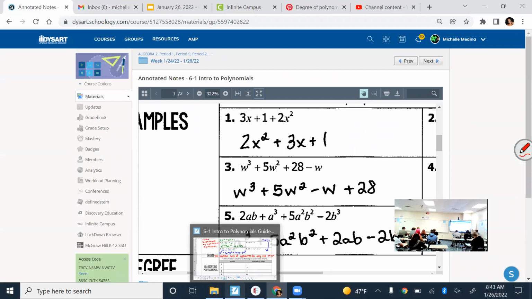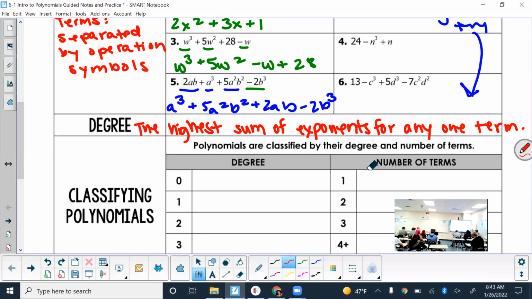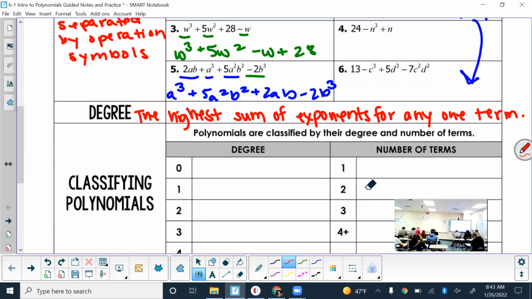So next vocab word. Degree is going to be the highest sum of exponents for any one term. So the highest sum of exponents for any one term.